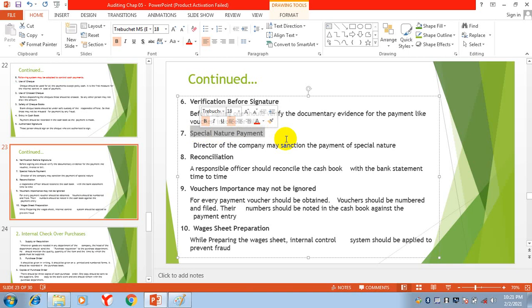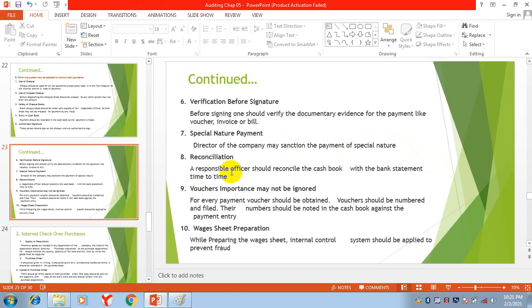For these, the directors of the company may sanction the payment of special nature. So there will be a sanction from the board of directors, from the top management. First it will be checked that there is a sanction from the board of directors, and after that you will make the payment.